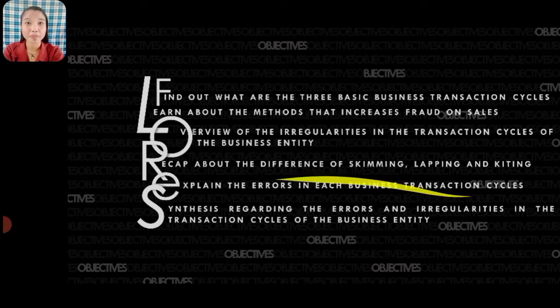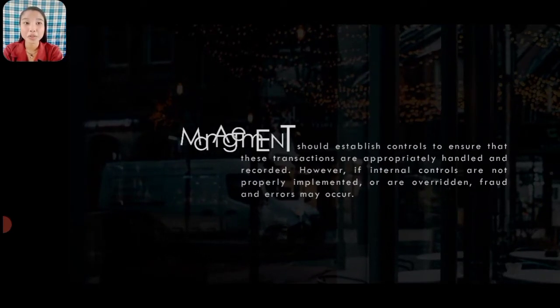Generally speaking, management should establish controls to ensure that these transactions are appropriately handled and recorded. However, if internal controls are not properly implemented or are overridden, fraud and errors may occur.